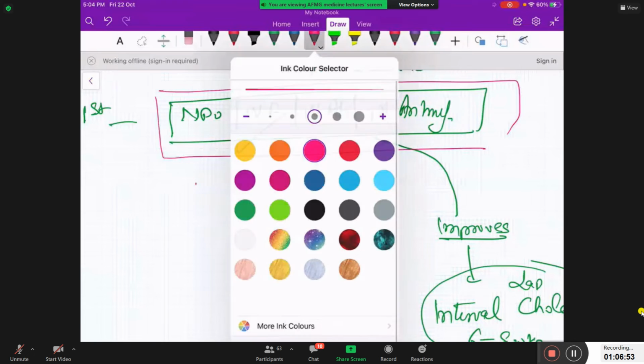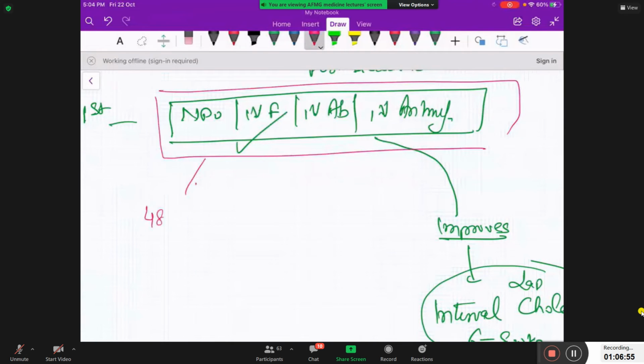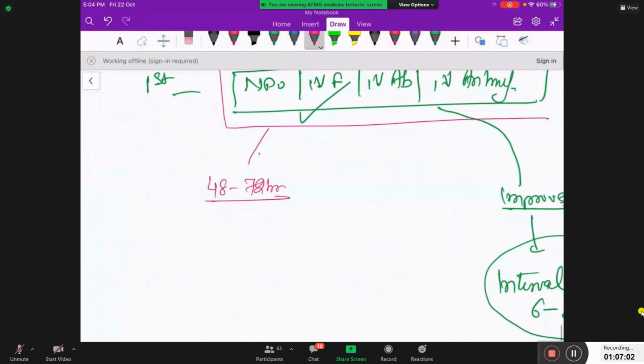And if the patient is coming within 48 to 72 hours, and this 48 to 72 hours is from the time of the patient's symptoms, not from the time of admission, right? Then we should offer these patients early laparoscopic cholecystectomy.